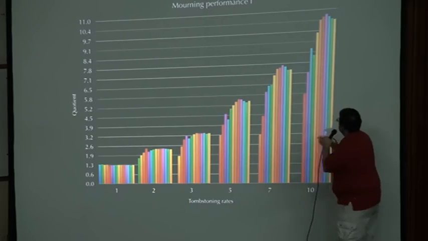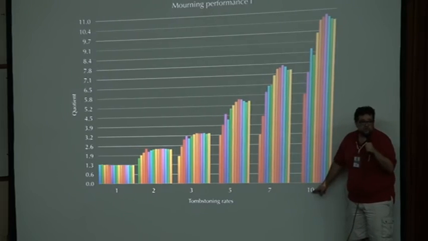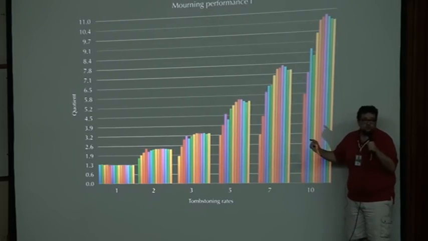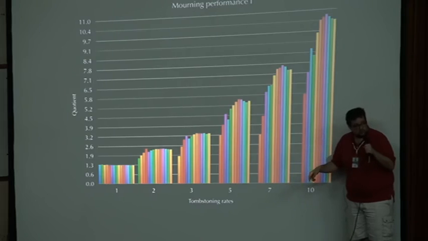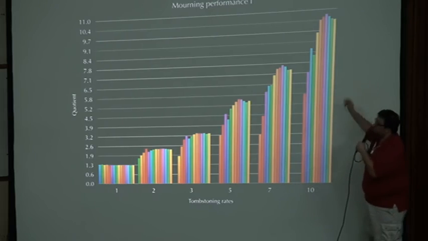And obviously, for a tombstone rate of 10, meaning 1 every 10 slots is tombstoned, then the thing starts running 10 times faster.